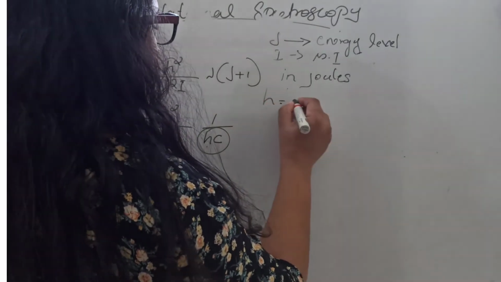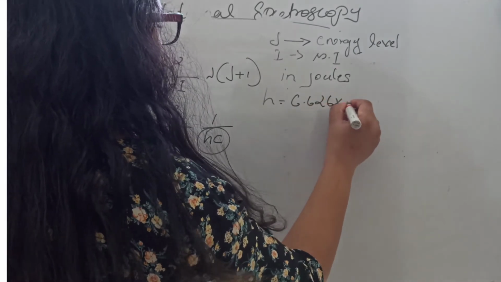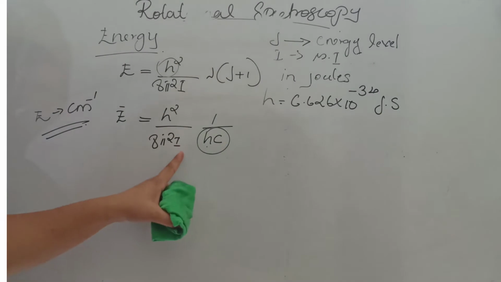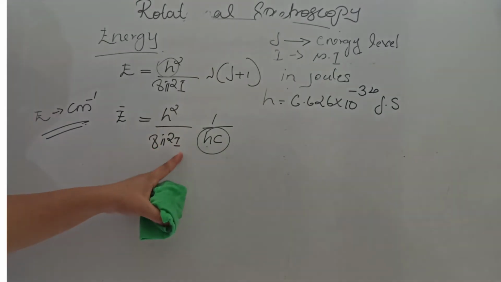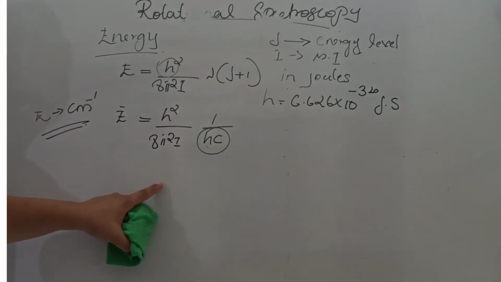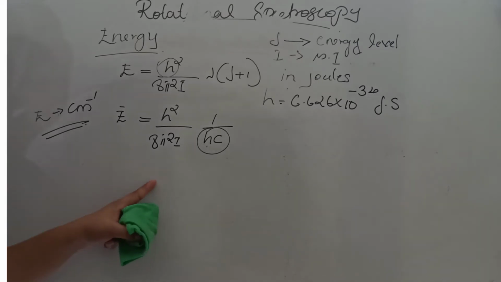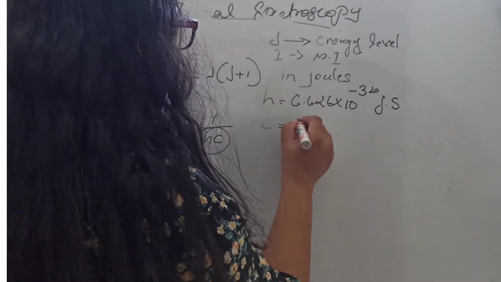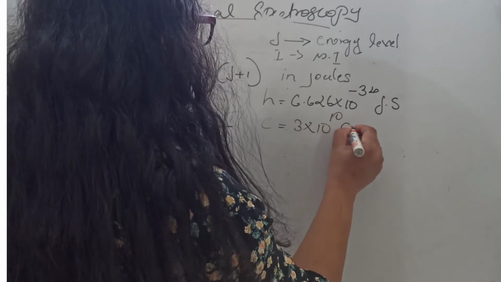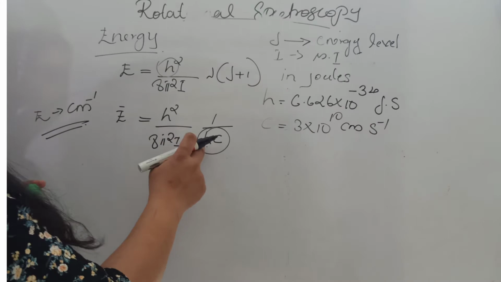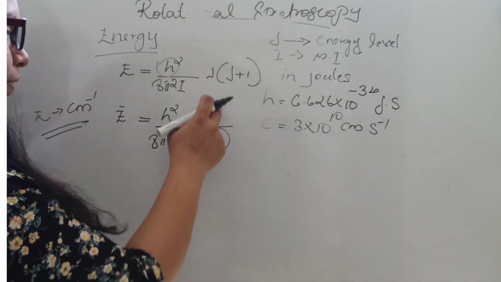The velocity of light is 3 into 10 raised to 8 meter per second, or 3 into 10 raised to 10 centimeter per second. Because we want to convert it to centimeter inverse, I am writing it in centimeters.